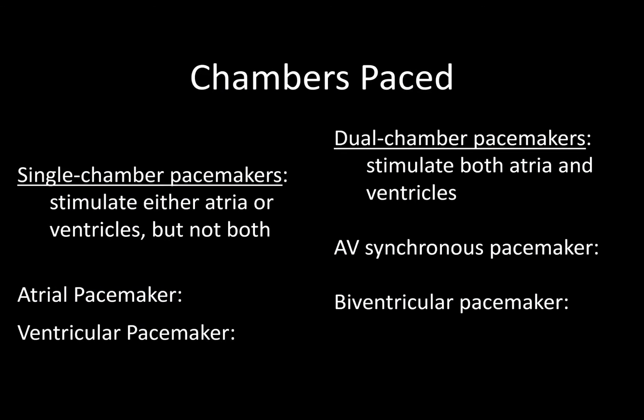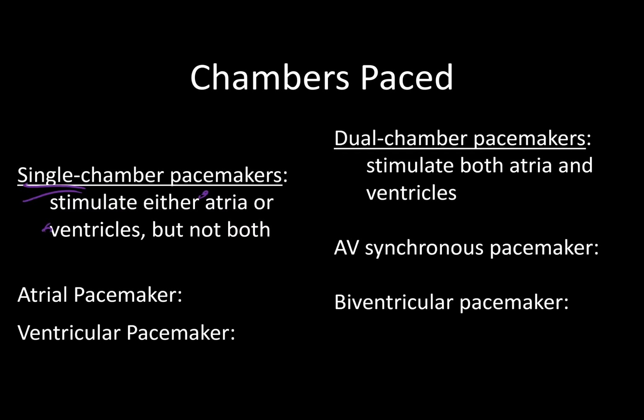Providing some specific examples to help clarify what I've just been talking about. The pacemakers are divided into 2 major categories: single chamber pacemakers versus dual chamber pacemakers. In the single chamber pacemaker group, they stimulate either the atria or the ventricles, but not both of them.